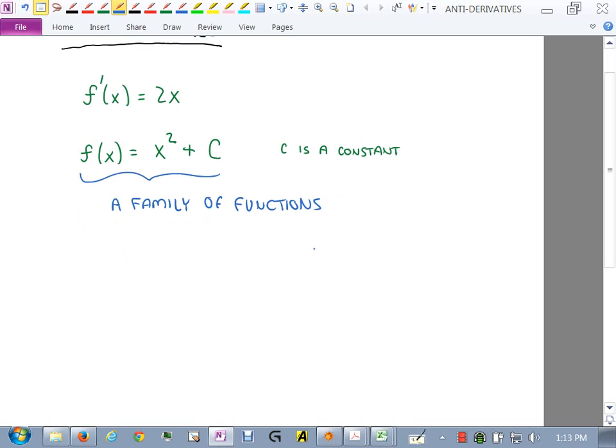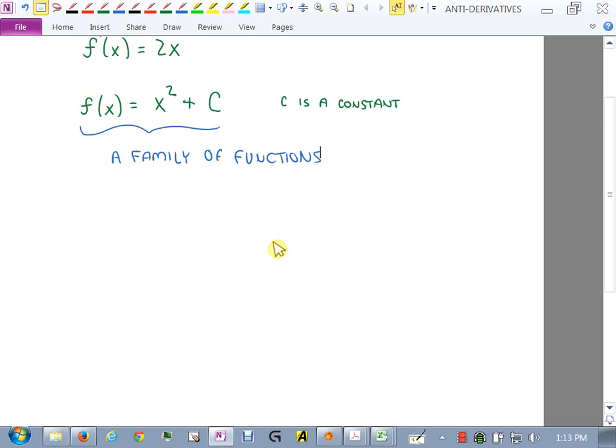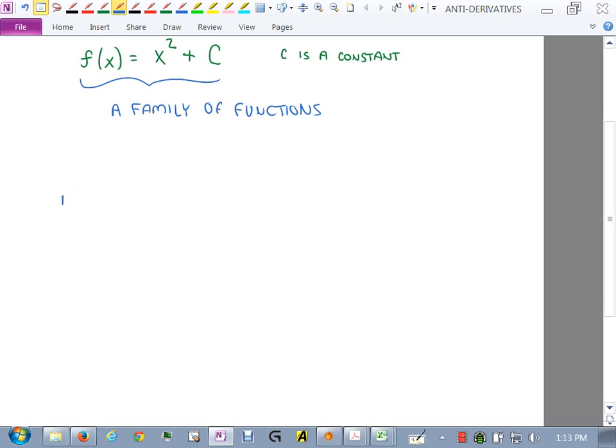But there has to be some better way for me to ask you to find an antiderivative, other than me saying, find the antiderivative. So we need to introduce some new notation here, all right? First, we'll define what an antiderivative is. So, definition.